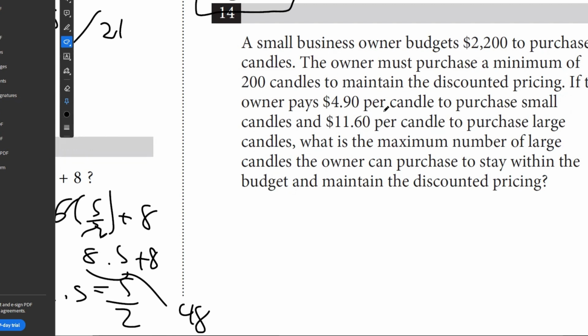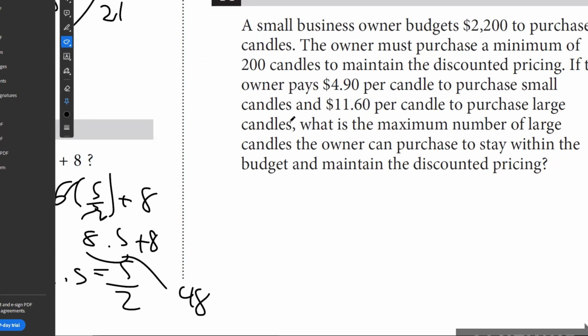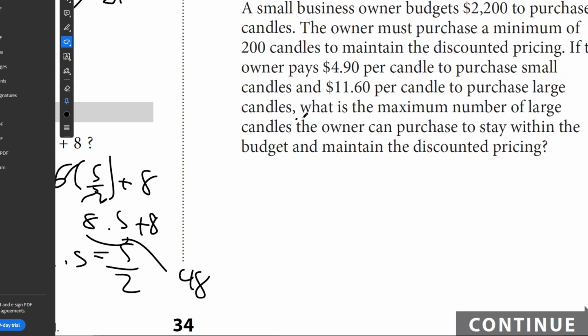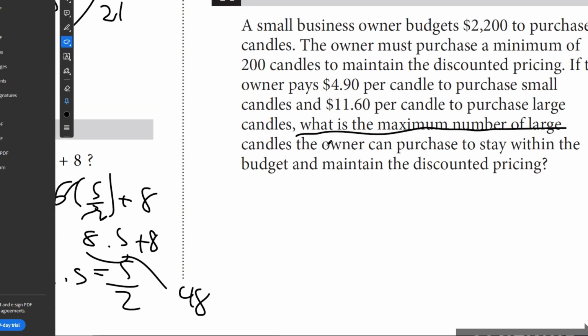If the owner pays $4.90 per candle to purchase small candles and $11.60 per candle to purchase large candles, what is the maximum number of large candles the owner can purchase to stay within the budget and maintain the discounted pricing? So the question is asking what is the maximum number of large candles. I'm just going to call large candles L, and small candles S.